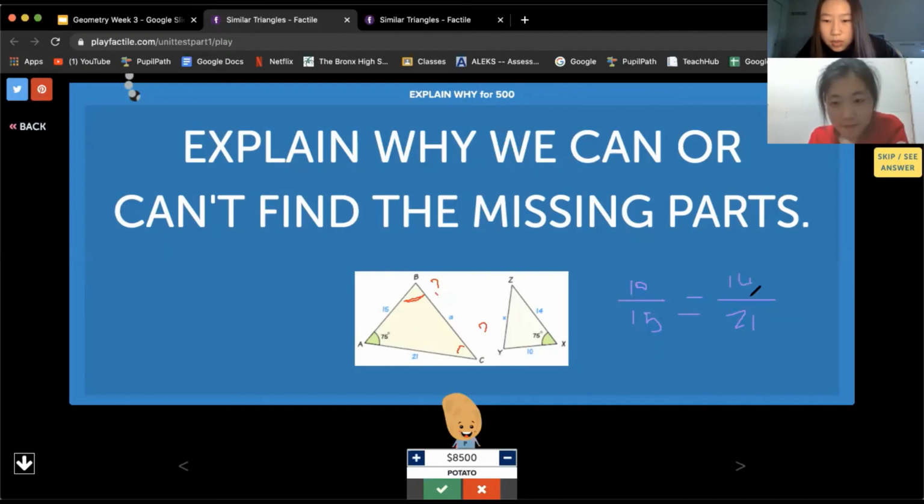So that means we either have to find X or A by, actually, I don't think we can find it. Yeah, because we don't know if these two triangles are similar. There's not enough information for us to find it. So not enough information.